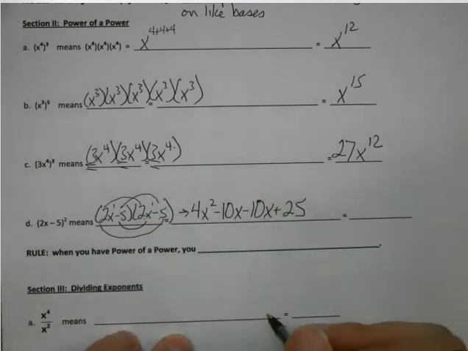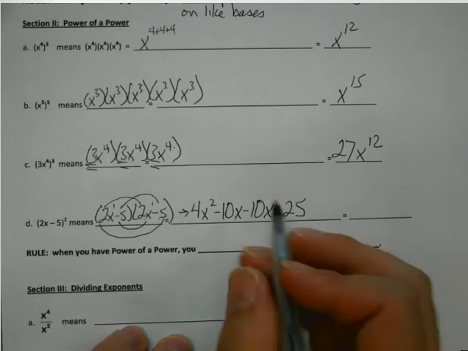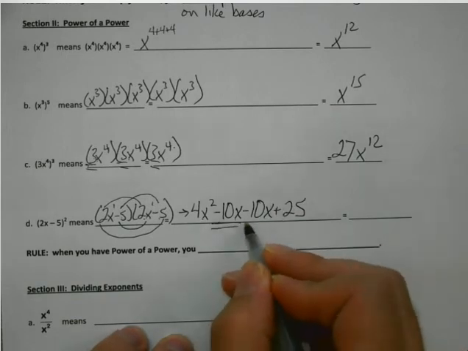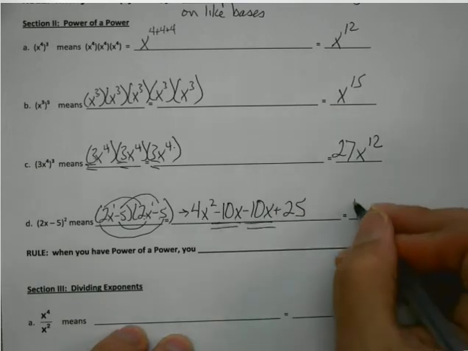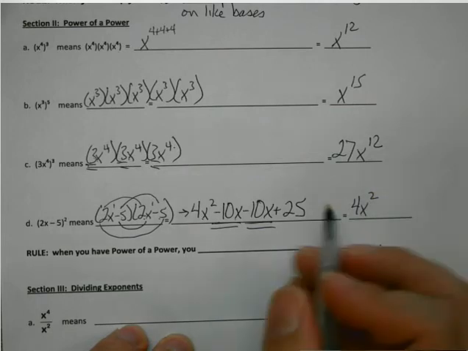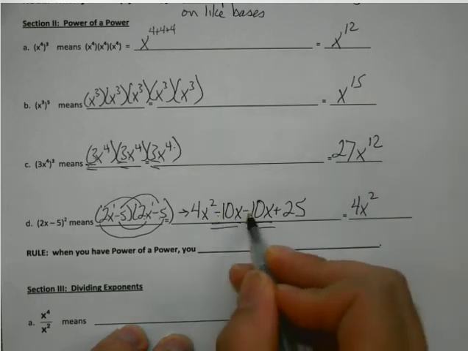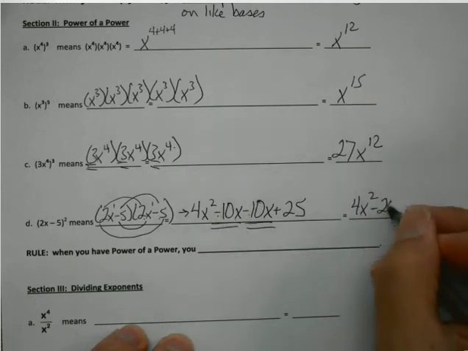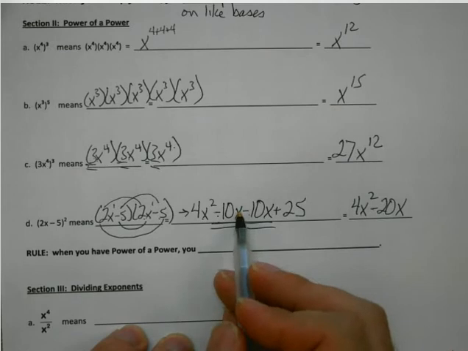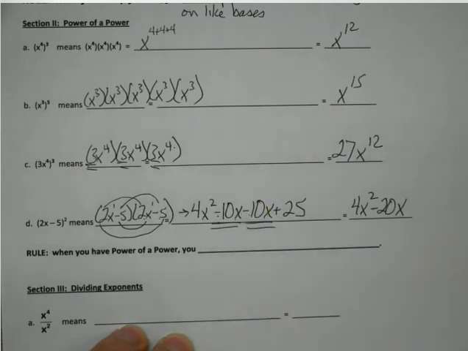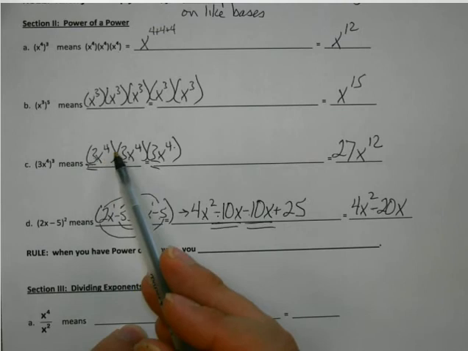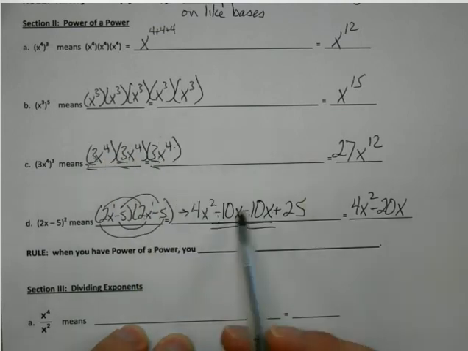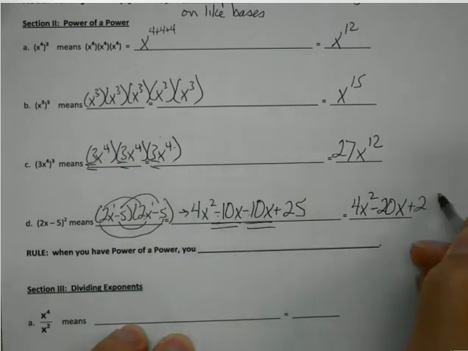Do you notice any like terms I could combine now in there? Those 10x's. So again, if I owe somebody $10 and I borrow 10 more, now I owe them 20. I'm not multiplying anymore. So notice I am not going to add my exponents here. We only add exponents when we're multiplying terms together, not when we're just adding or subtracting.